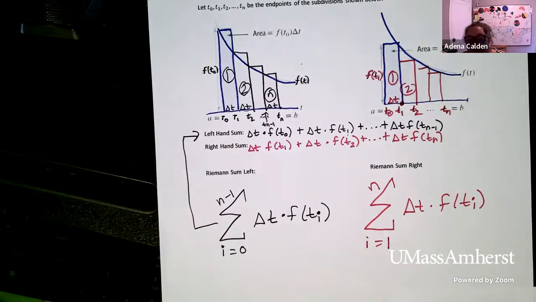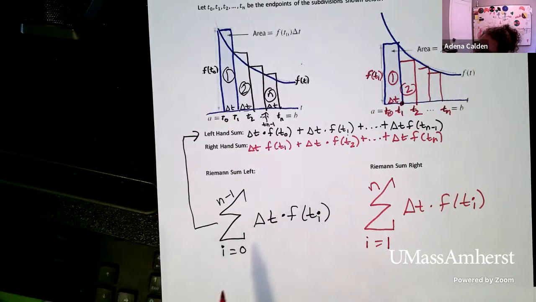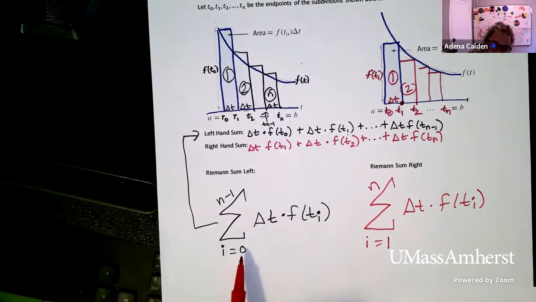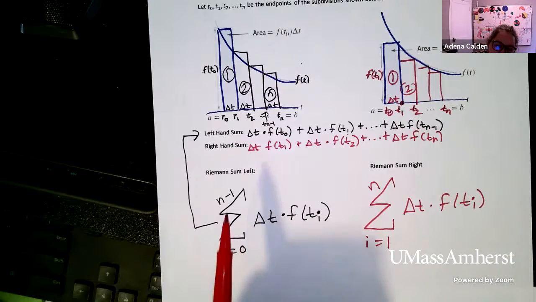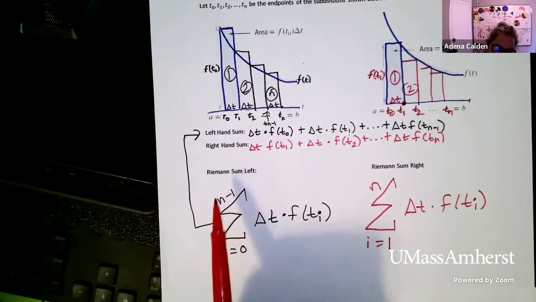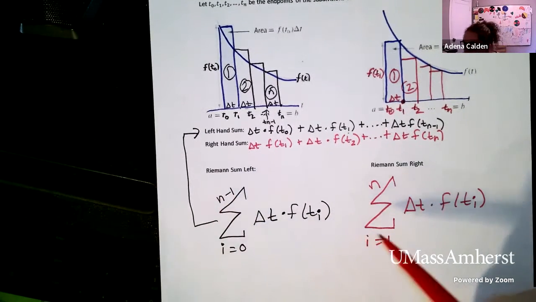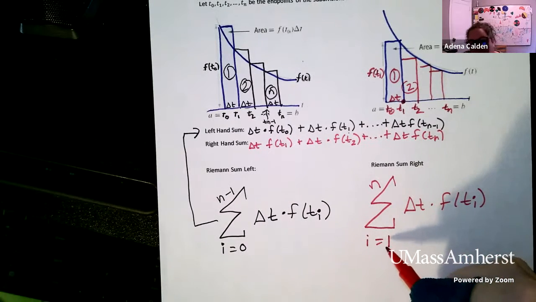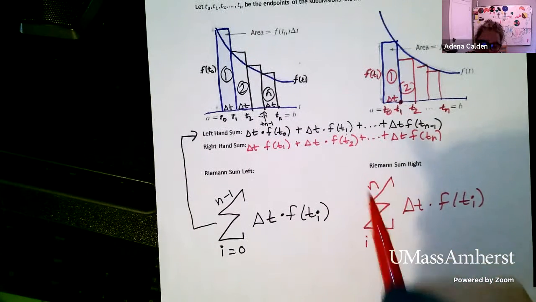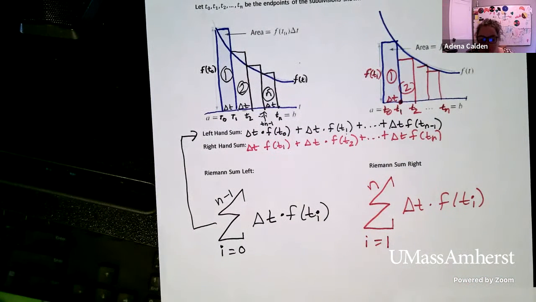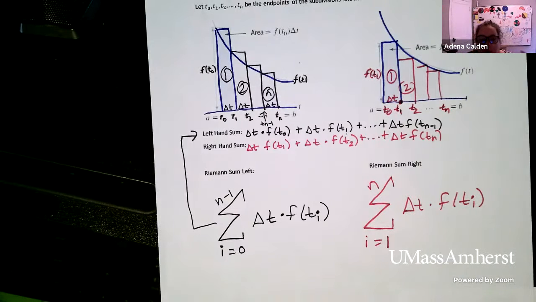Okay, so these are the two Riemann sum representations, and the difference again is that for the left-hand approximation, we start at the leftmost index, which is 0, and we don't use the rightmost index, which is n. For the right-hand approximation, we start at 1, so we don't use the 0, and we go all the way until n.